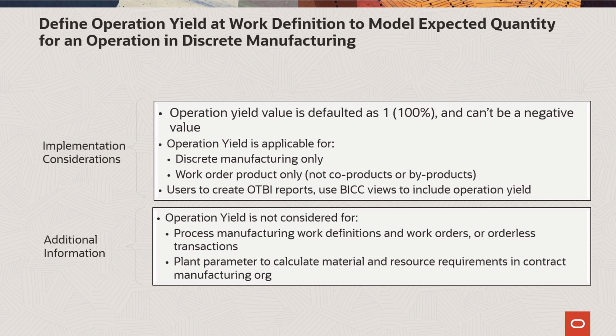Also, note that operation yield is not considered for the process manufacturing work definitions and work orders or orderless transactions. Operation yield is not considered in the plant parameter setup to calculate material and resource requirements in contract manufacturing organizations. You can also refer to the demos from Cost Management and Supply Planning to know about how operation yield is managed in costing and planning process.